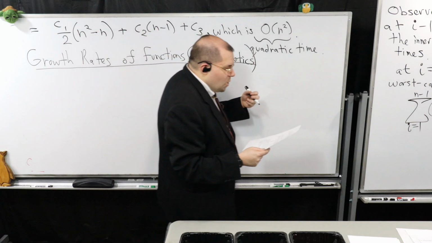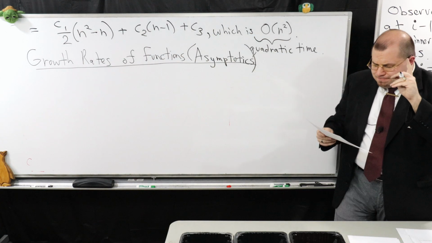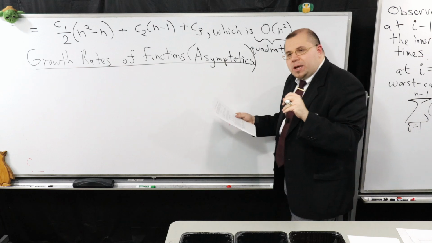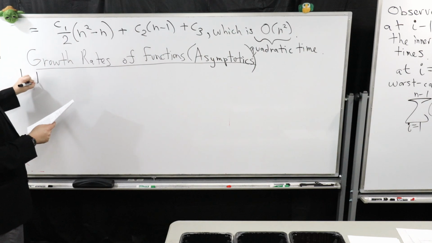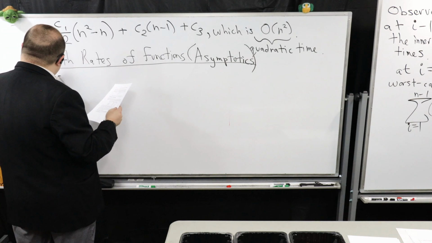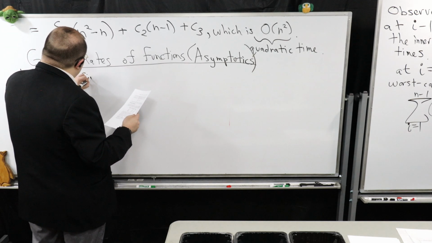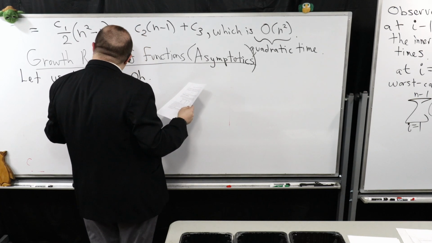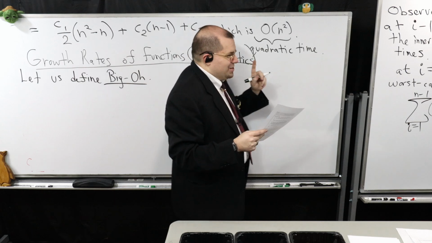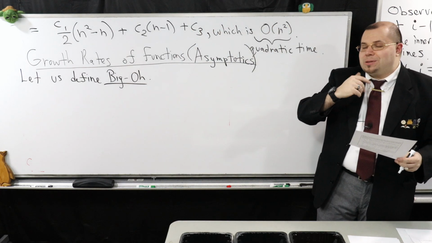When I play around with this, we're going to be using what is called big O notation. Now you may have seen this before. We're going to define big O notation for us formally. So we're going to actually write out what the proper definition of big O is, and we're going to play around with it probably next class.